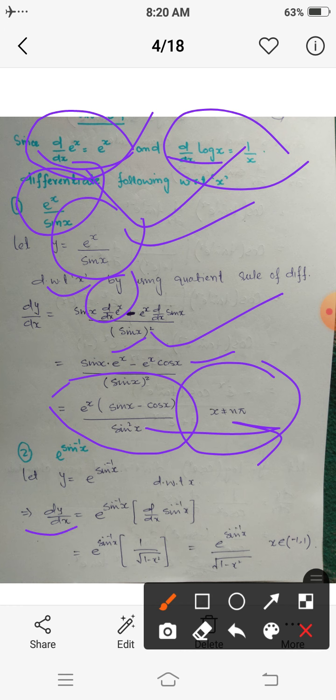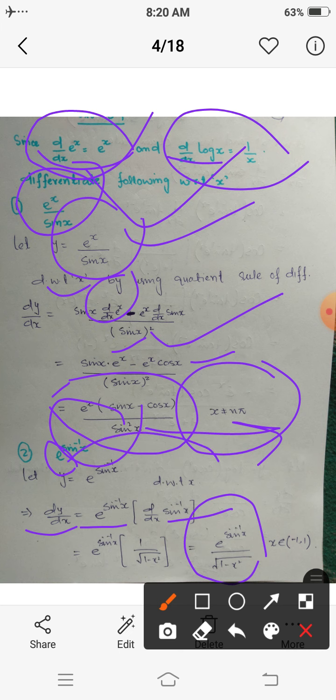Chain rule means we first differentiate the exponential function, and its differentiation is the given exponential function, e raised to power sin inverse x. Then we differentiate the power, sin inverse x. You know that the differentiation of sin inverse x is 1 upon root 1 minus x square. So the derivative becomes e raised to power sin inverse x upon root 1 minus x square.